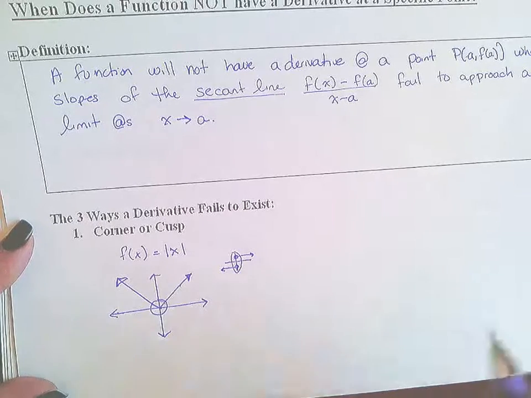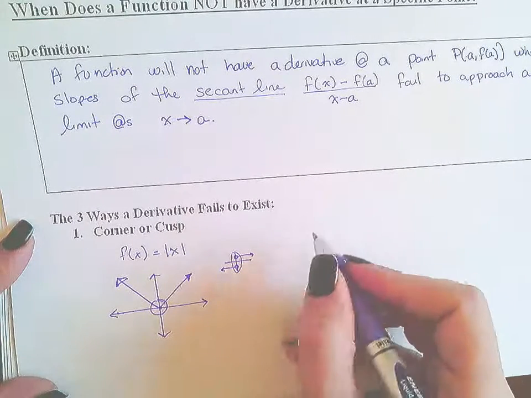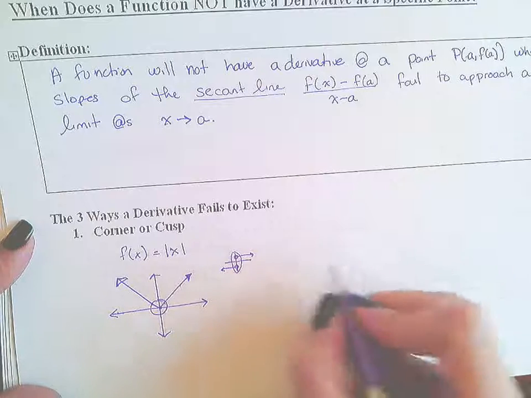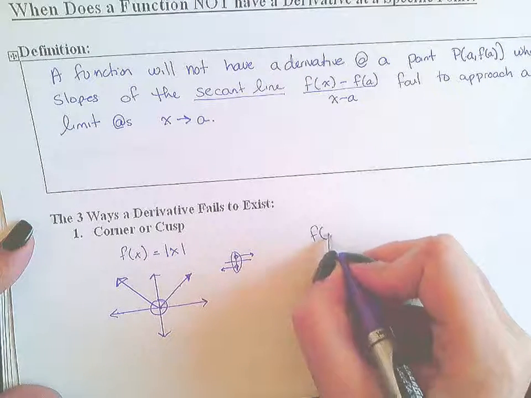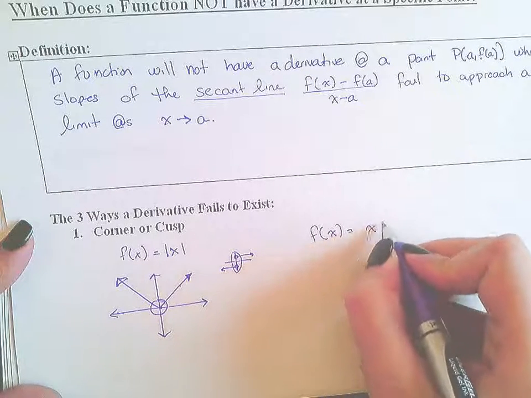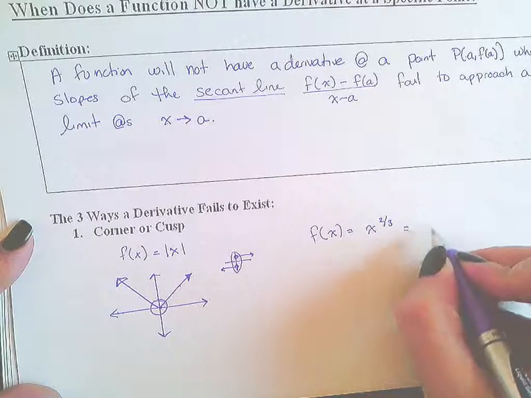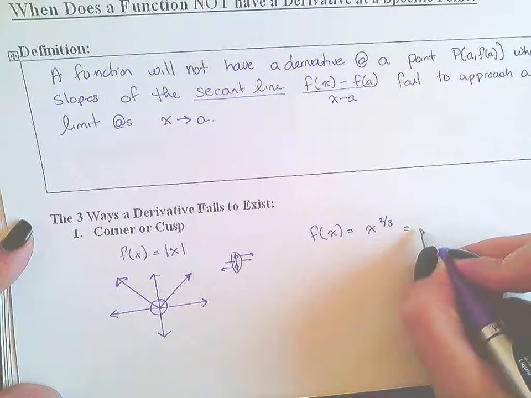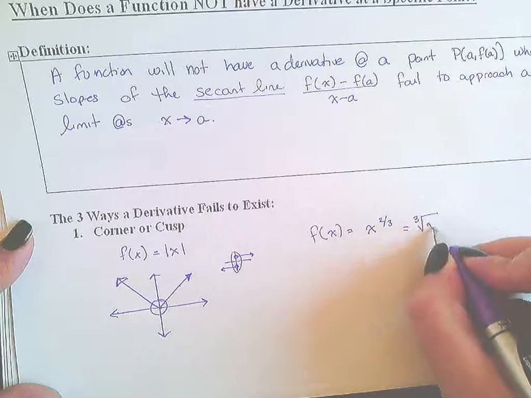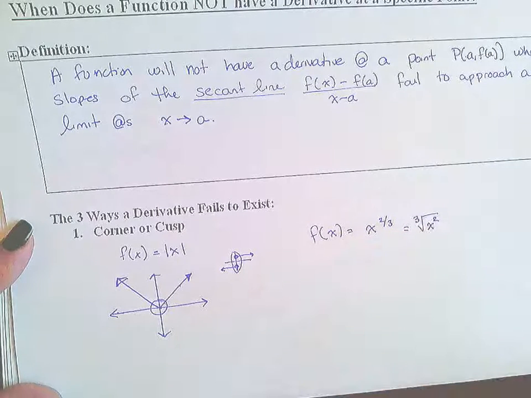Now a cusp is basically just like an extreme corner. So it looks like this. An example is f of x equals x to the 2/3, which, if you guys recall, is basically the same thing as the cube root of x squared.